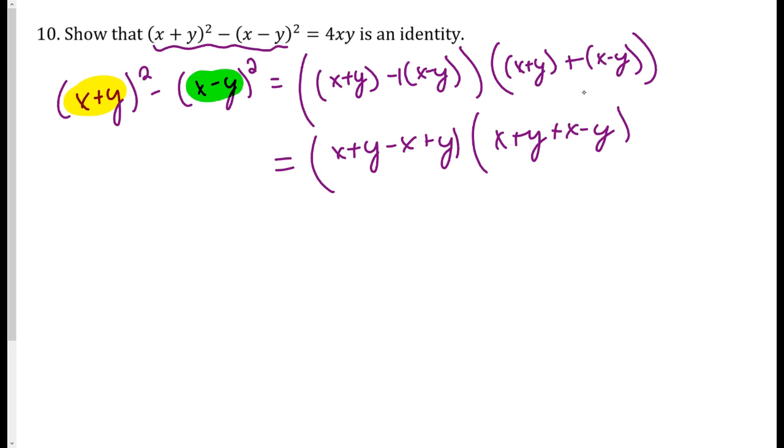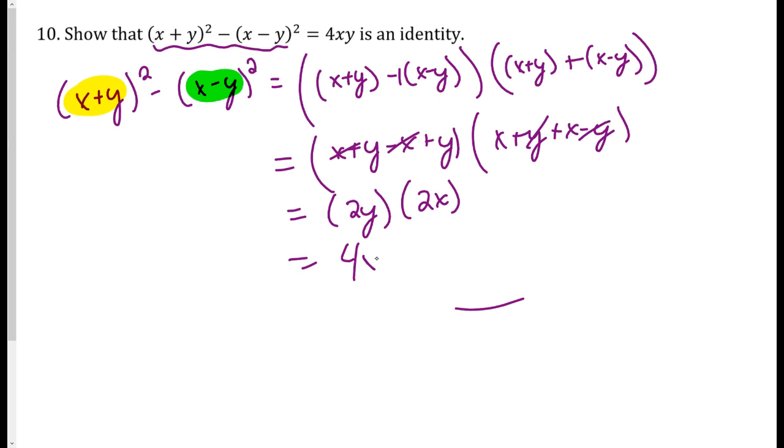Just simplifying inside each of these parentheses here. X minus x adds to 0, so I'm left with 2y. Y minus y adds to 0, so I'm left with 2x. And we get 2 times 2 is 4 times x times y. So I started with that side and I ended up with 4xy.